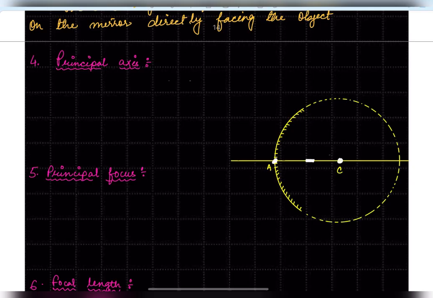Now another thing we need to discuss is principal axis. What is principal axis? Principal axis is nothing but a line that is drawn from the pole, this is the pole, and the center of curvature. So what is principal axis?